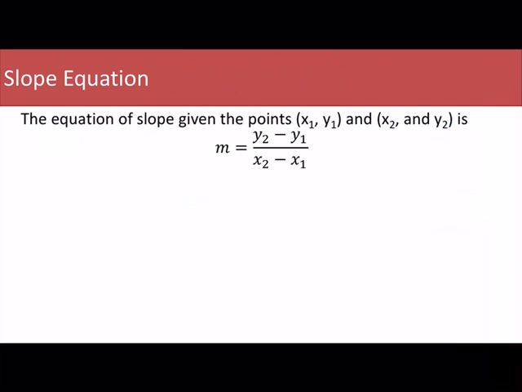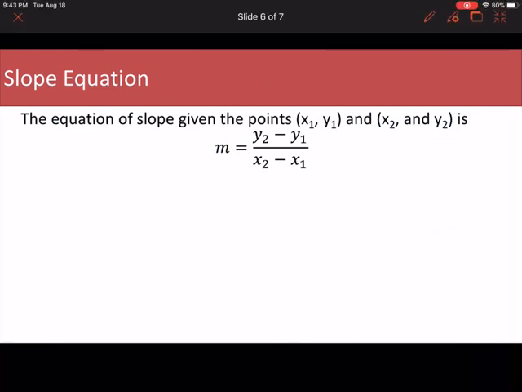All right, slope equation. This is on coordinate geometry. So if you're given 2 points, oh my gosh, look at me. Sorry. Oh, that's so silly. My bad. Okay, so I have 2 points. Now please note that the subscripting just means, the 1 just means first point.